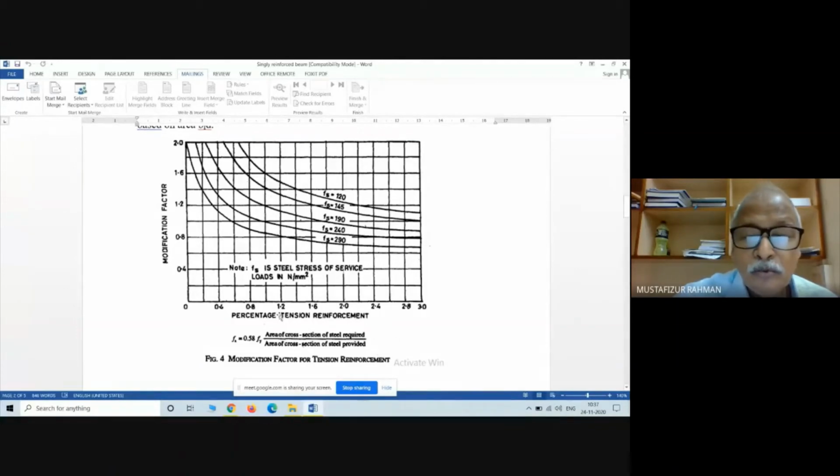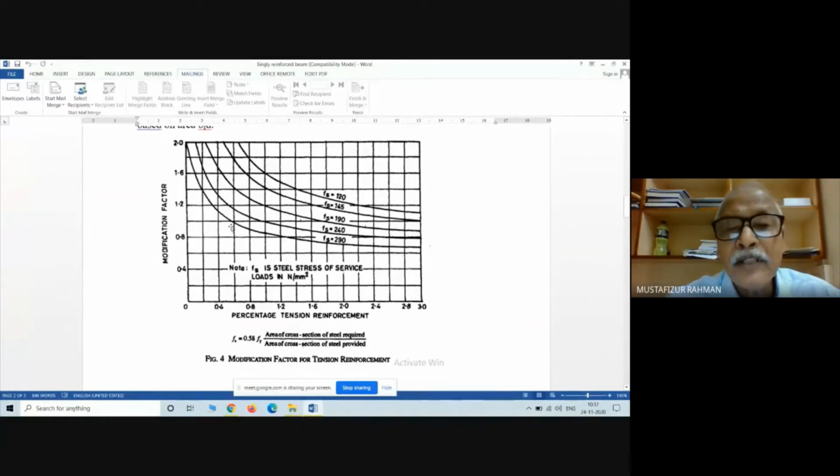Now, say our percentage of steel is, let's say, 0.6, and Fs happens to be 150. So now we require the modification factor. So from this 0.6, you go vertically.